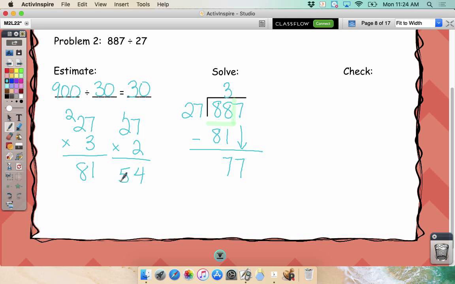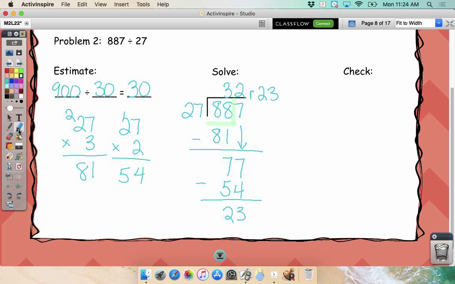That'll work, won't it? Okay, so what do I write at the top? A 2. What do I write at the bottom? 54. And go ahead and subtract. So my answer here is 32, remainder 23.